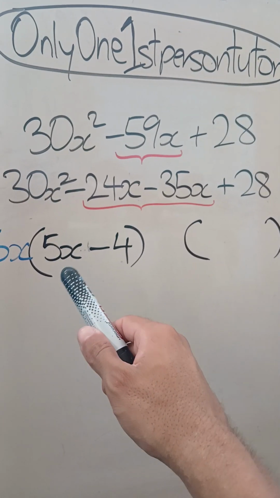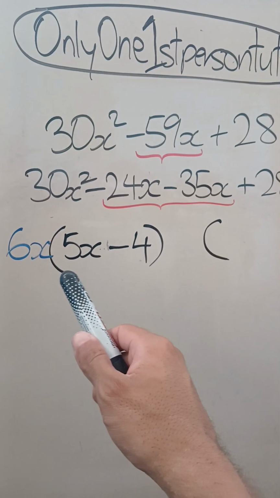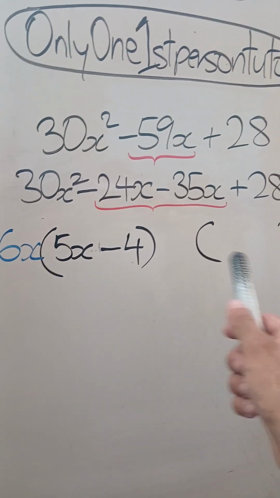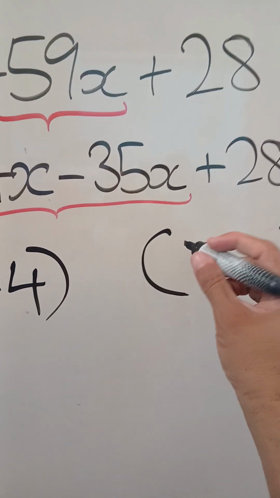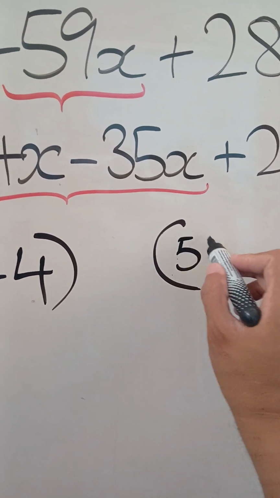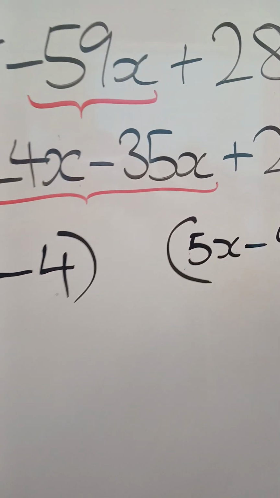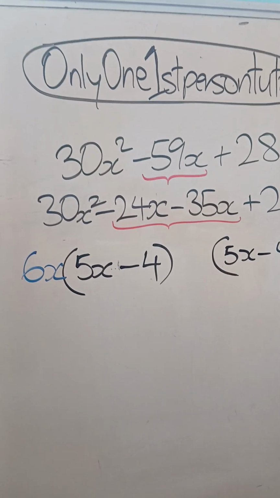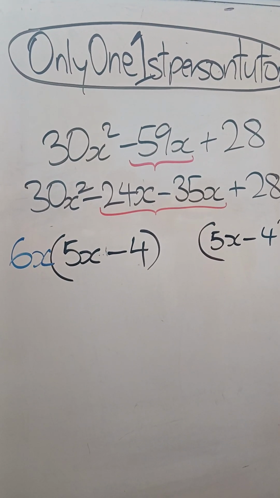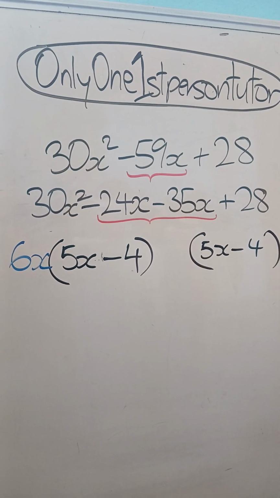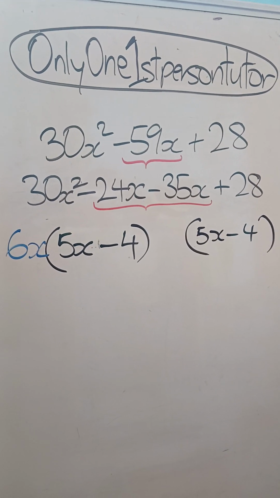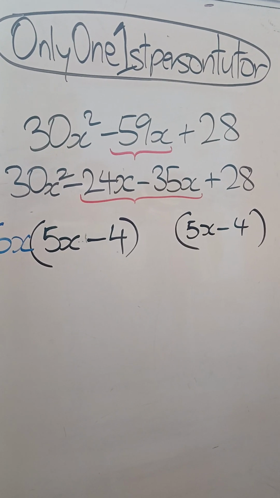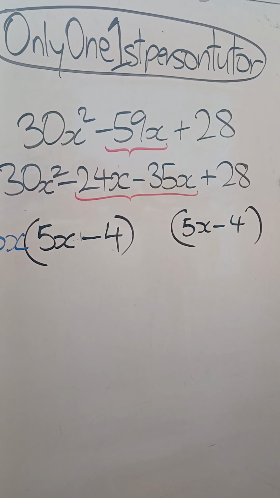Yeah, sorry about that. All right, now we can copy and paste this over here. So why not? Let's put the 5x minus 4 over there. And I'll tell you why. I will tell you why. So let's just put that over here. All right. So we'll have... Oh! Yeah, I think my marker started leaking. Hold on. Okay. Now, divide the minus 35x by the 5x. The x is cancelled.